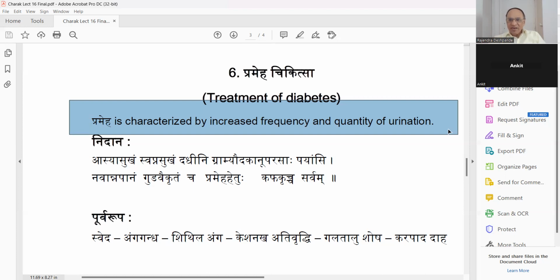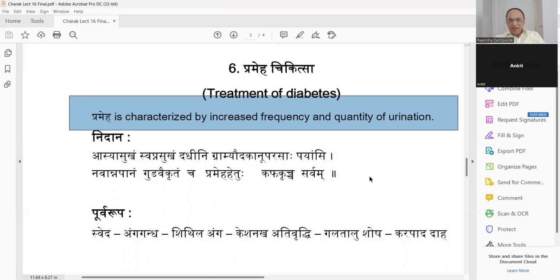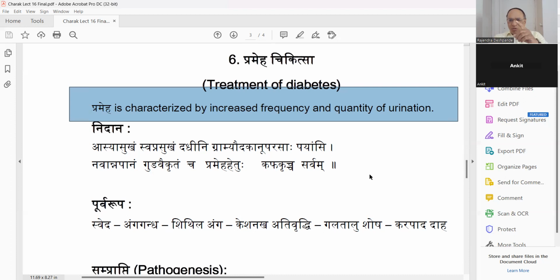So now we are starting with the discussion of Prameha, and let me add only one point in the increased frequency, that is prostate enlargement, BPH, benign prostatic hypertrophy.